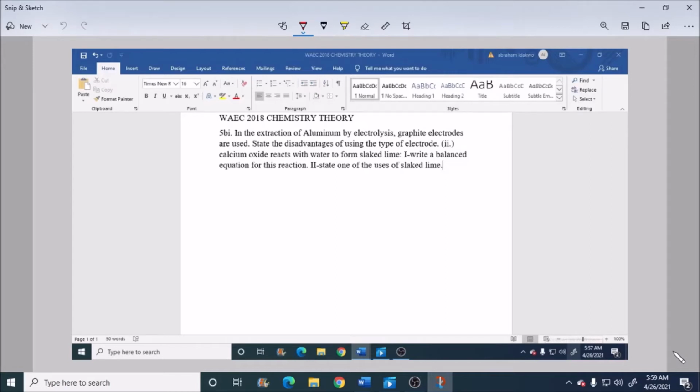Then Roman figure 2, we have to state one of the uses of slaked lime.